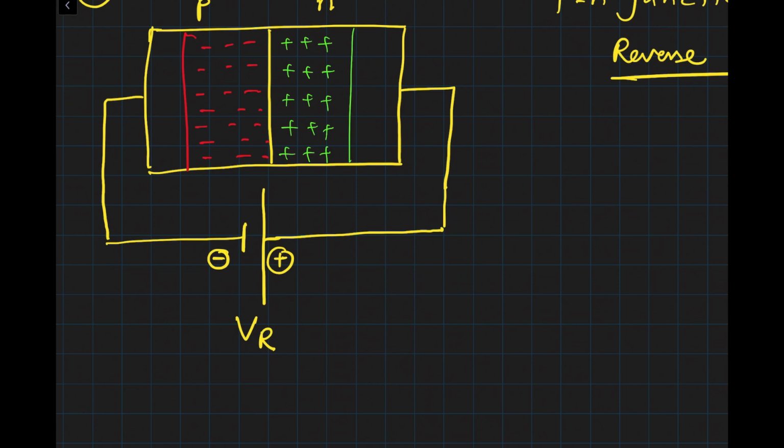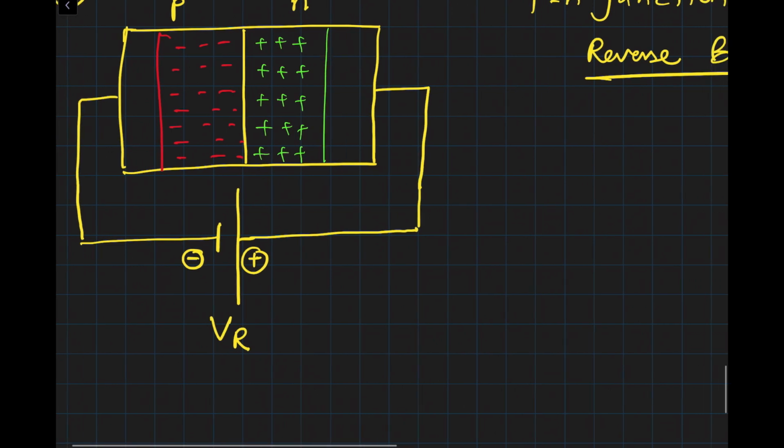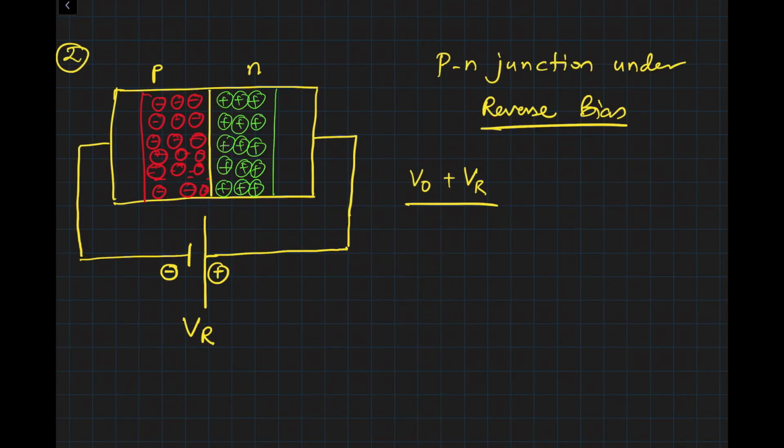So this reverse bias voltage will add on to the built-in potential at the interface, and we would see the barrier. Originally the barrier was V0. On top of that, we have added reverse bias potential. So by putting the PN junction in reverse bias, we have increased the built-in potential.